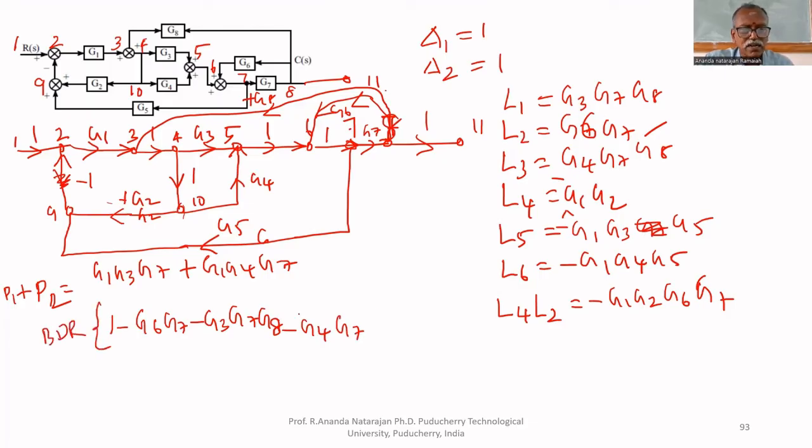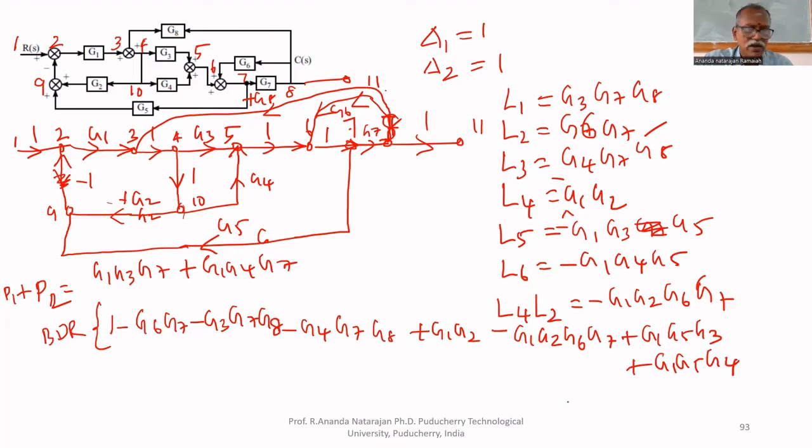Block diagram reduction denominator: G4, G7, G8 plus G1, G2 minus G1, G2, G6, G7 plus G1, G5, G3 plus G1, G5, G4 plus G1, G3, G7 plus G4, G1, G7.